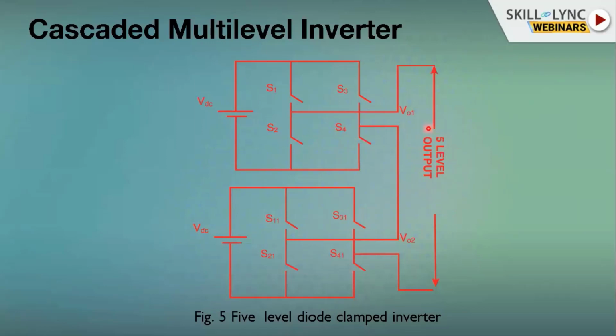A very important thing that you must keep in mind: these are just simple single phase inverters, so you cannot turn these on simultaneously, S1 and S2, the same way S11 and S211.